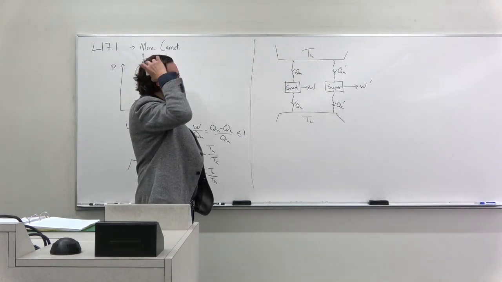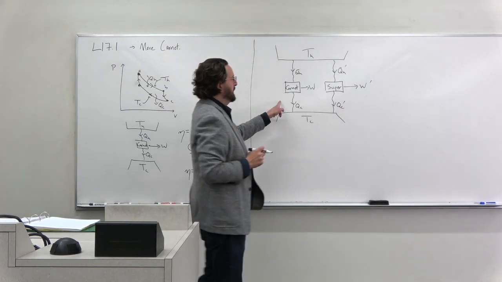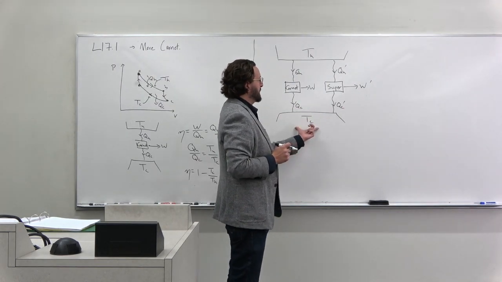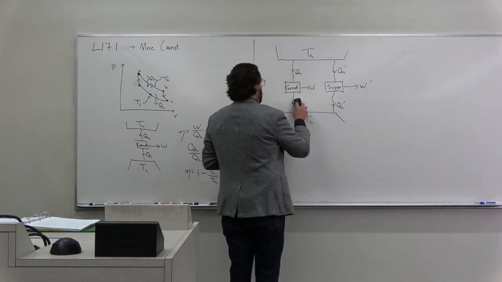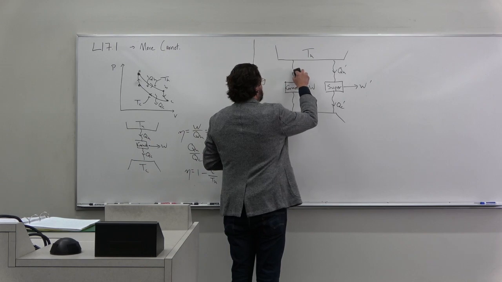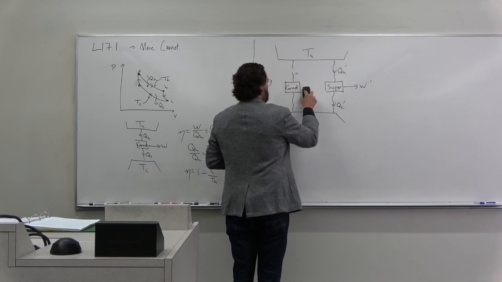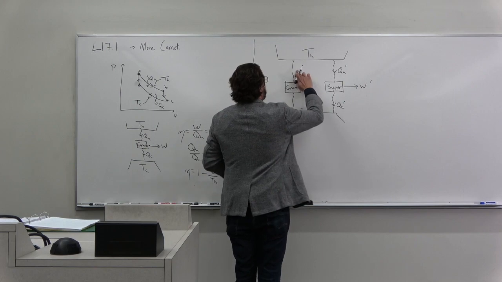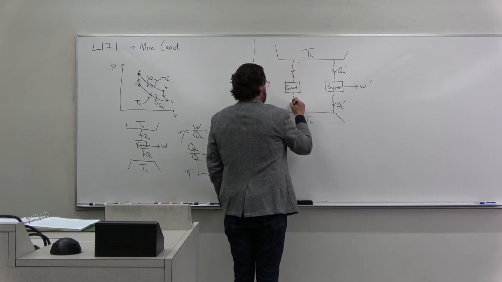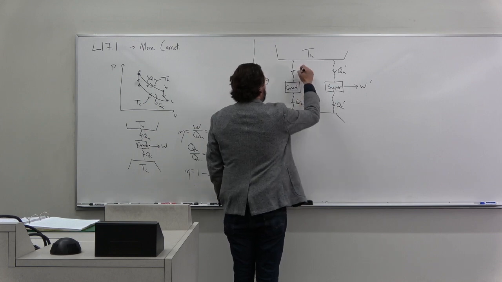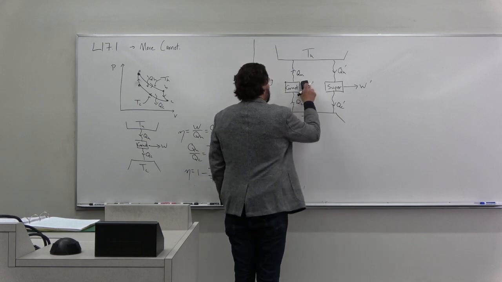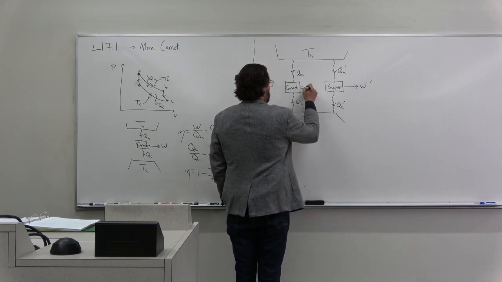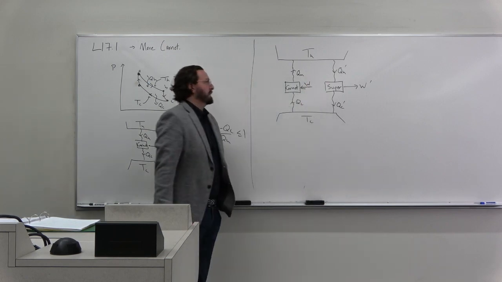Now, I want to imagine doing the following. I've got a Carnot engine and a super engine, both running from the same thermal reservoirs. But now I want to take my Carnot engine and I want to run it backwards. Okay? Let's imagine running it backwards so that QC and QH and work. Okay, so what is this one now?